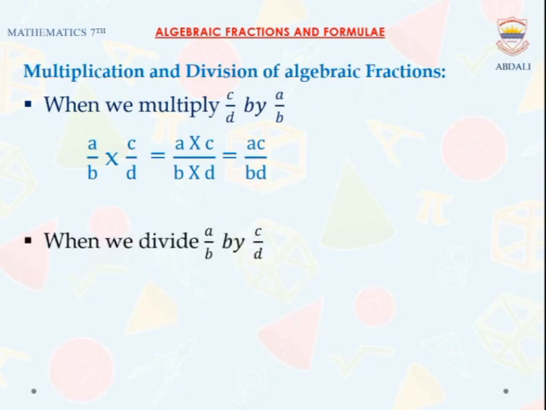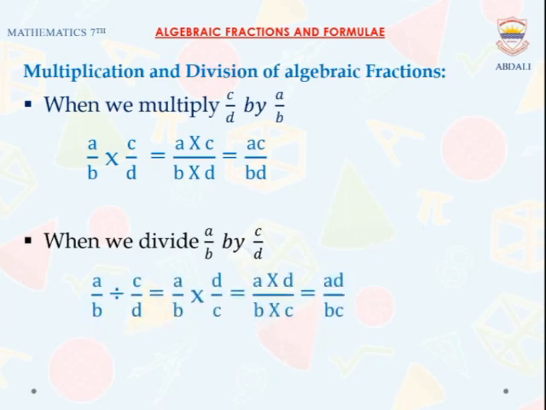And now the rule to divide is, let's suppose we have two fractions, like one is a by b and the other is c by d, and we have to divide them. So watch it carefully: the rule to divide fractions is, we will change the division sign into a multiplication sign, and at the same time we will take the reciprocal of the fraction which is on the right side of the sign.